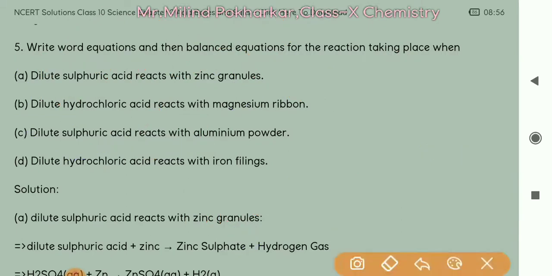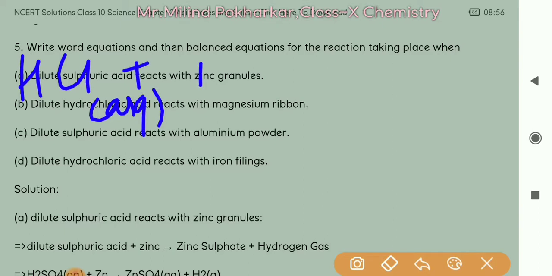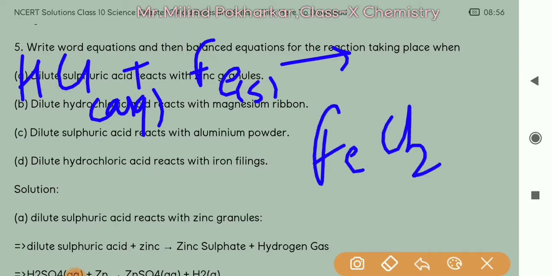The next question is: dilute hydrochloric acid reacts with iron filings. HCl aqueous plus Fe solid will form FeCl2 plus H2 gas.